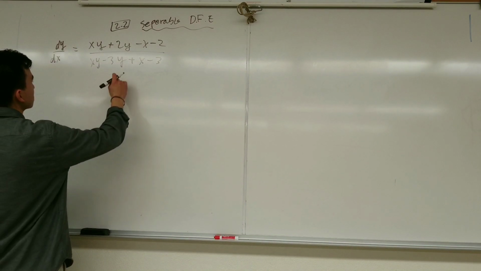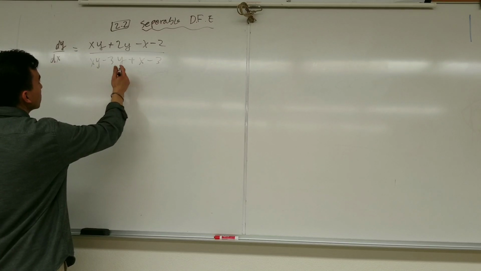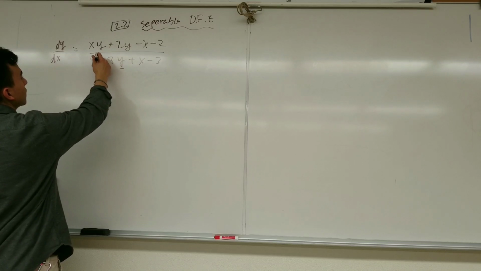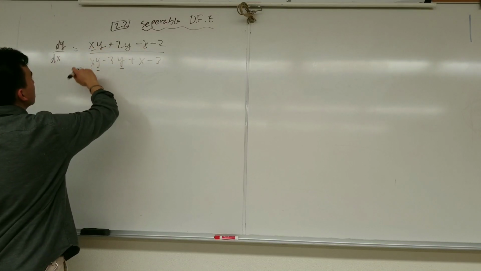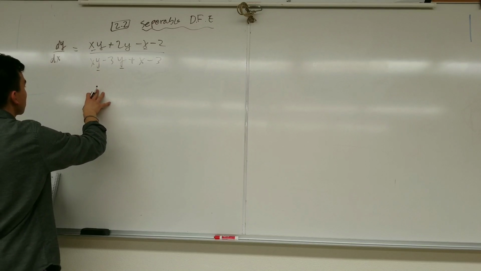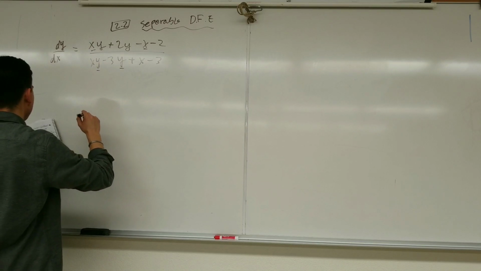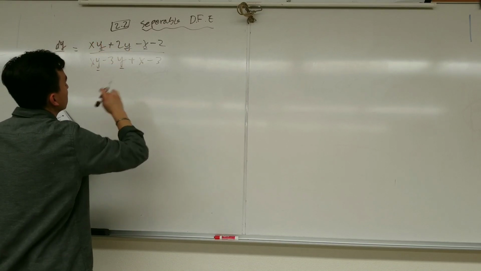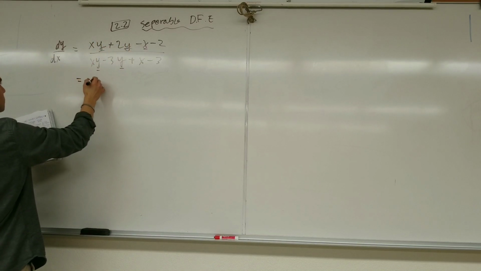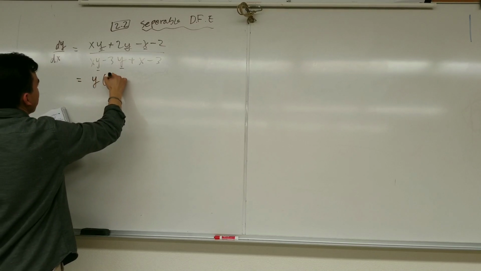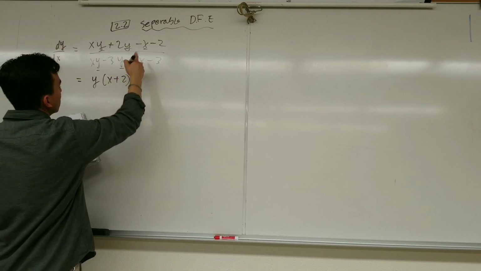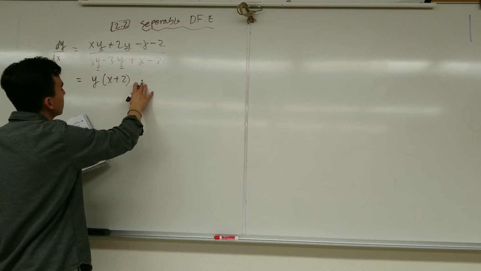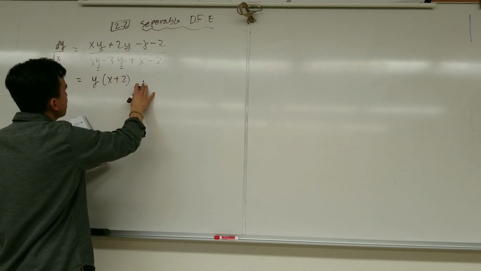So if we rearrange stuff around, we could see that that term has a y, this term has x, right? So if we see that, this also has a y, so we could take that, we could factor out that y. And we could factor out a negative. Can we do that?